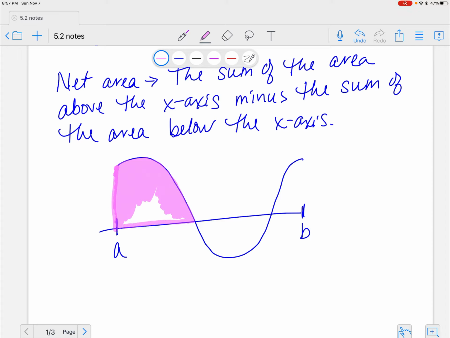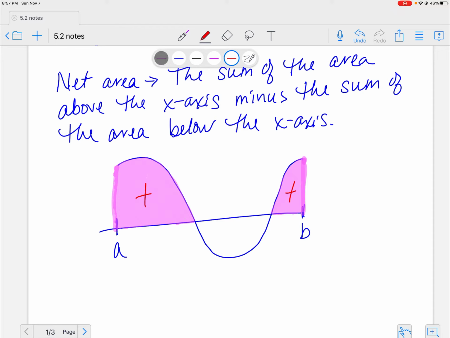Man, I should do more coloring. It's fun. Nice. So this area and this area over here on this right side, also pink, because this is above the x-axis, making it positive.